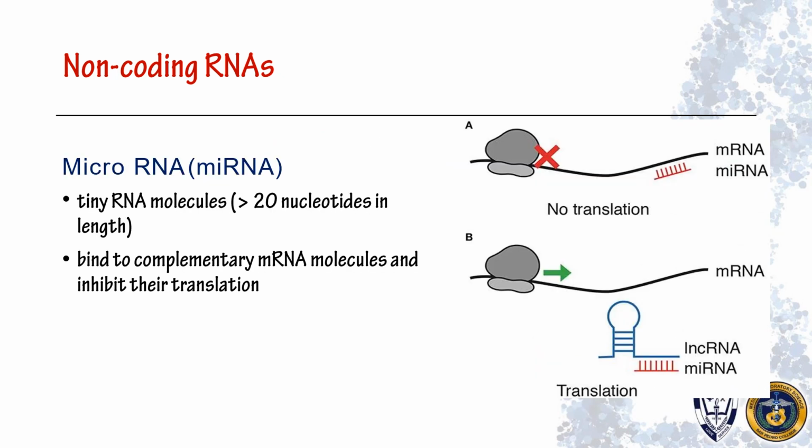So next we have your microRNA or miRNA. These are tiny RNA molecules that are around 17 to 27 nucleotides in length. This was discovered in Caenorhabditis elegans, a worm, and its primary function is that they control gene expression by pairing with imperfectly complementary sequences in mRNAs to inhibit translation.